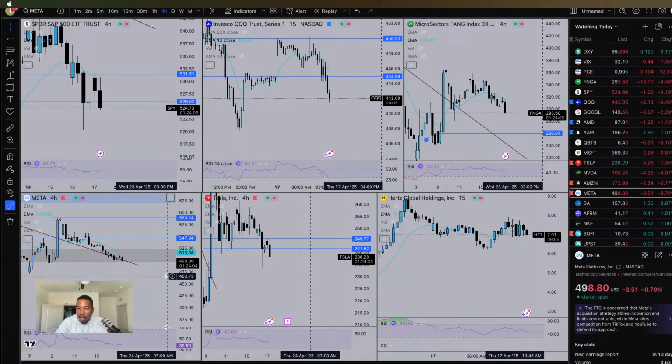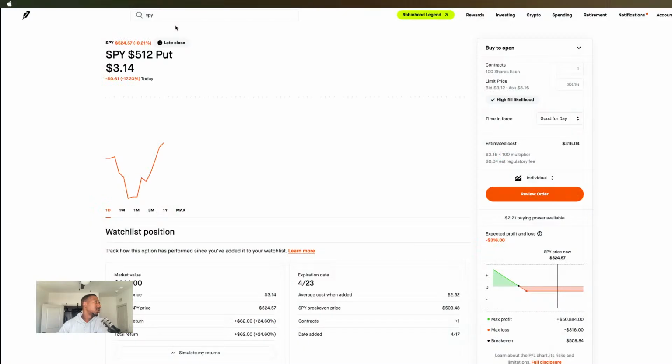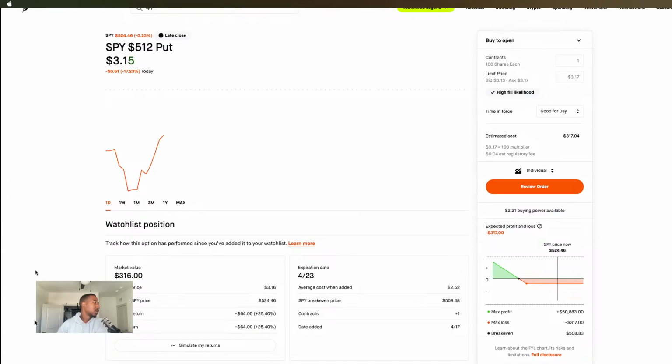For learning purposes, how come for this call I added to my watch list for the SPY it says today's return, but my put I did at 512 doesn't show my returns? I would need to see it, because right here is a watch list. This is going to be the return. Right here, this is the 512 put I added to the watch list.